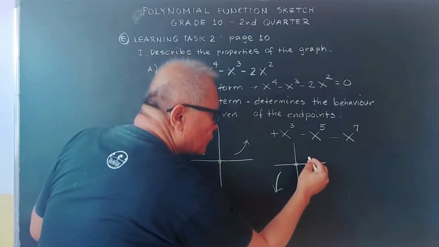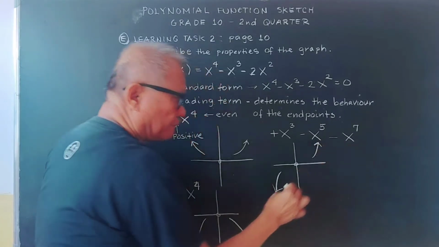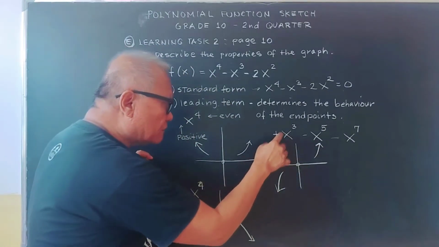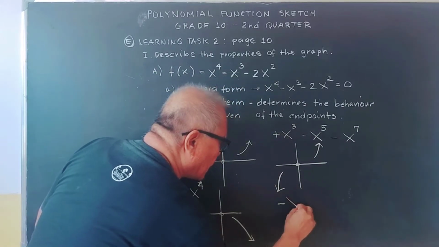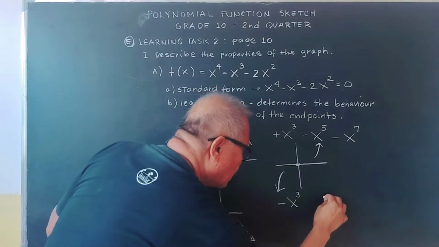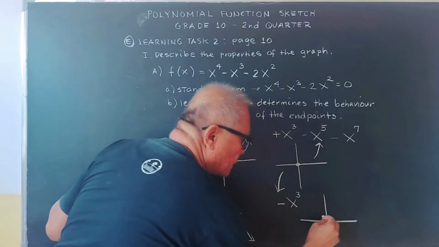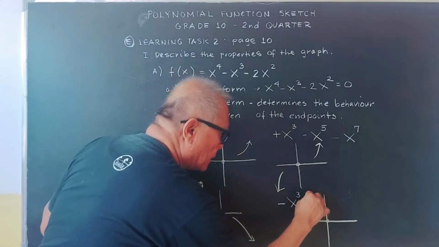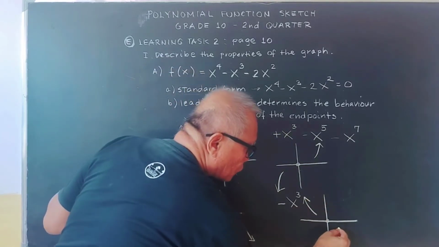And then here on the first quadrant, it is rising. What about if you have a negative here? If you have a negative, so you have negative x cubed, negative x to the fifth, the end curves will be rising here and falling in the fourth quadrant.